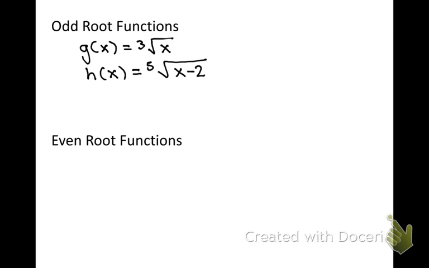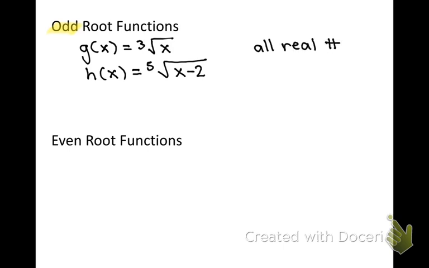I can plug any real number I want into an odd root, and I will get out a real number. So for example, if I wanted the cube root of 8, it would be 2. If I wanted the cube root of negative 8, it would be negative 2. So the odd roots also have a domain of all real numbers.